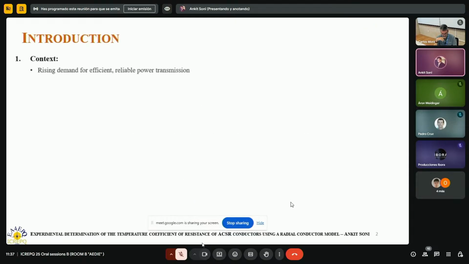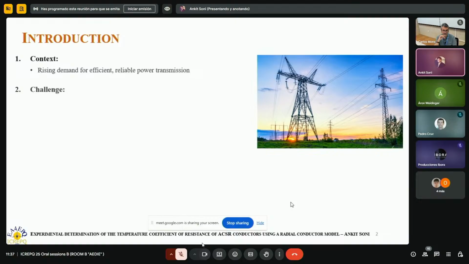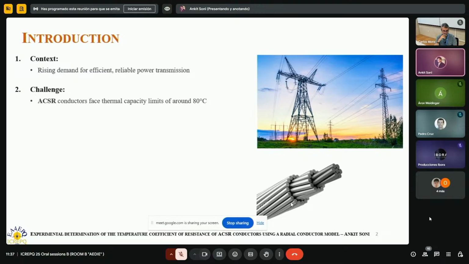We all know that the demand for power transmission is rising. Because of this, it is very challenging to use the existing infrastructure efficiently. Otherwise, we need to spend more money creating new infrastructure to meet the higher power transmission demands.